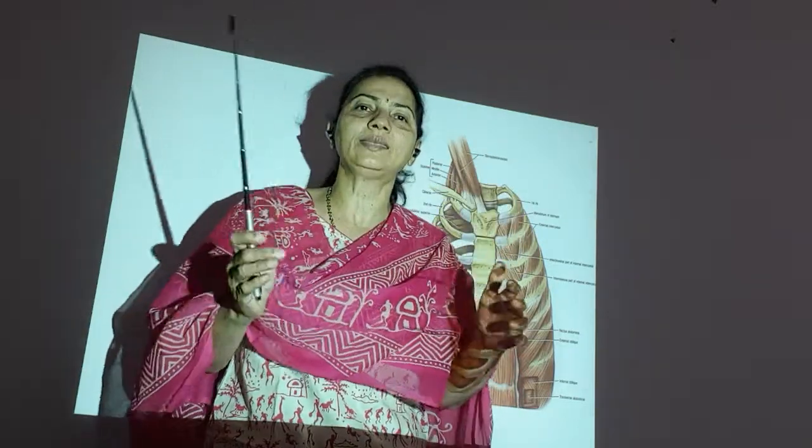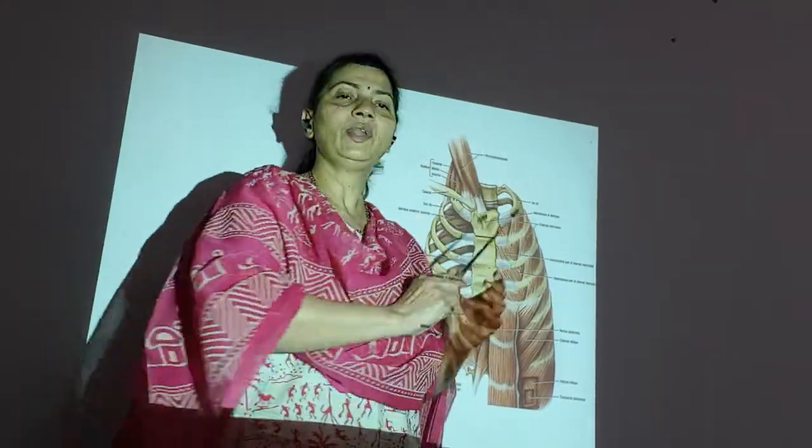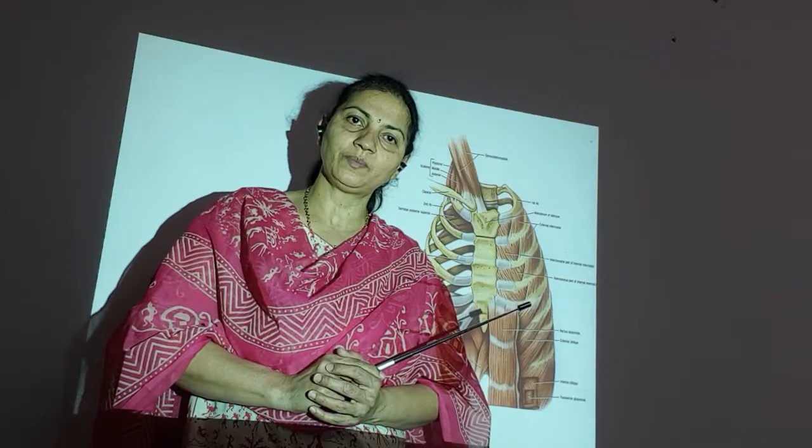And when the ribs are lifted up, the intrathoracic volume will increase. And when it increases, the negative pressure in the thorax will increase, and the positive pressure of the atmosphere is going to force the air inside. So external intercostal will assist in inspiration.